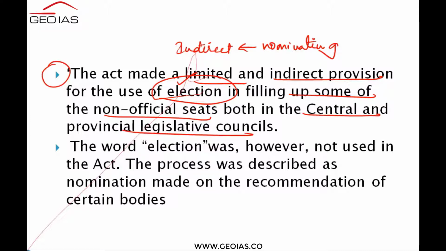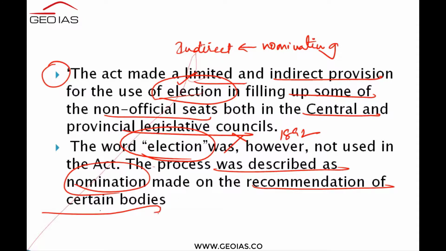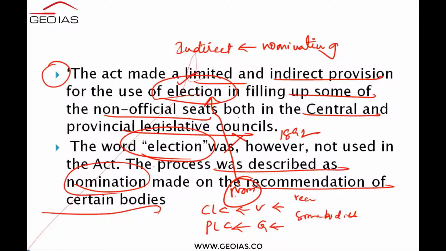And the word election was not used in this act of 1892. However, the process was described as nomination made on the recommendations of certain bodies. Earlier we discussed that for both the central and provincial legislative councils, the viceroy and the governor will nominate some non-official members based on the recommendations of some bodies. That nomination is the indirect provision of the use of elections, but the word election was not used in this act of 1892.